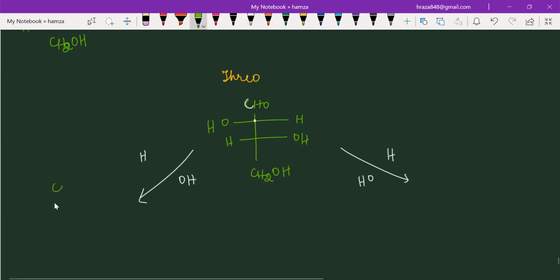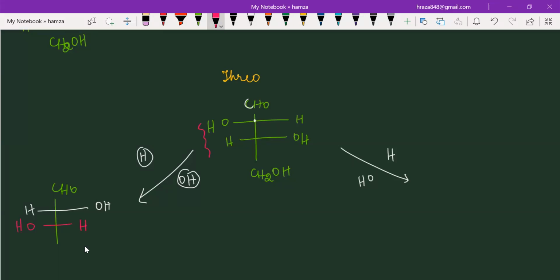Like we have CHO, write CHO, and then this part, basically this H and OH will be attached with a carbon that will be introduced. So it will be OH, rest as it is. You can see H is here and OH is here. In the same way, you can see OH is here and H is here.